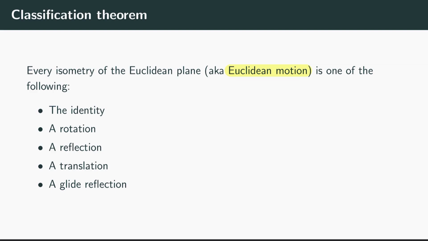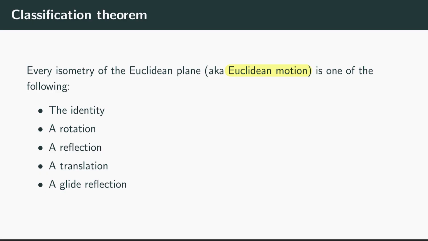And then the last possibility is we can have a glide reflection, which is the example that we just saw. And there's nothing else. There are no other isometries that are not on this list that I have written down for you. Everything is one of these. And arguably, the identity is a rotation with the zero angle, or a translation with the zero vector. There's nothing wrong with that perspective if it makes you happy.